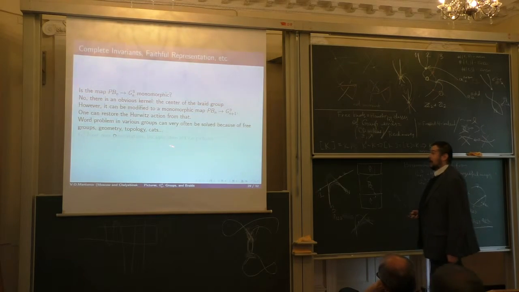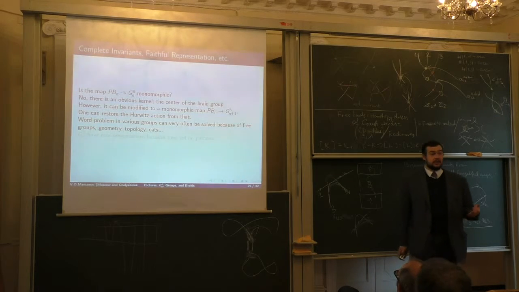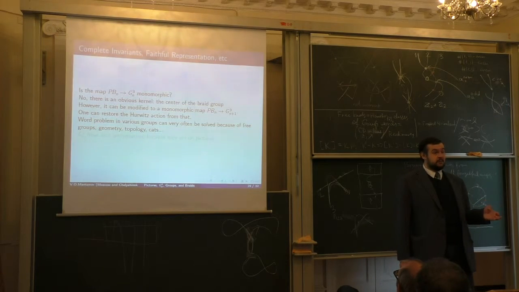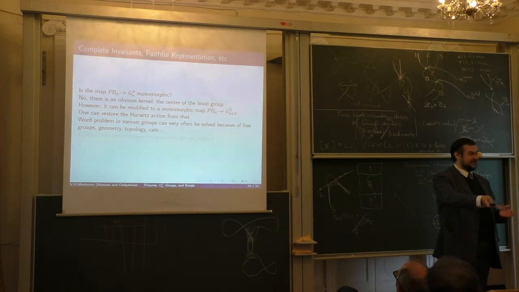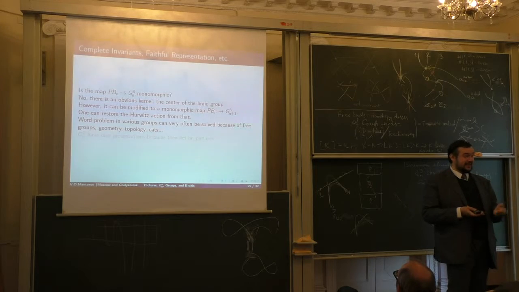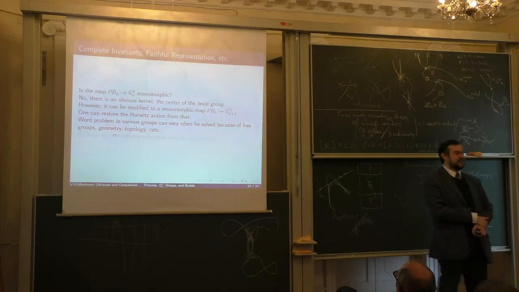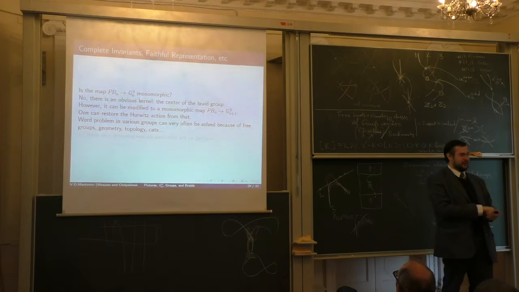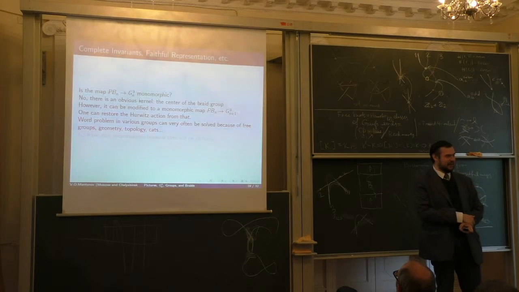Actually, word problems in various groups can very often be solved because there is some topology behind that. Because we can draw some pictures, and actually I am just referring to the work we wrote with Alexander something like 15 years ago.